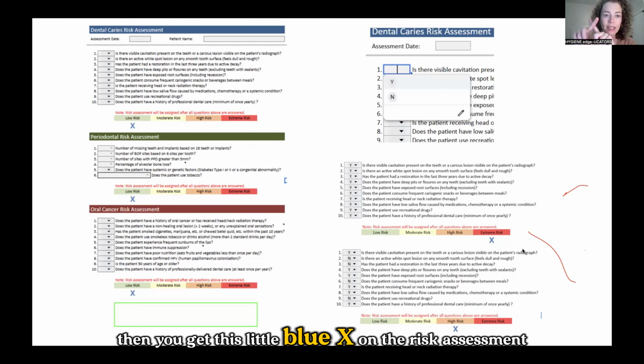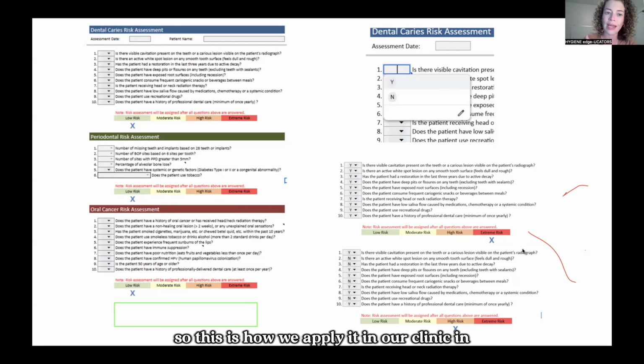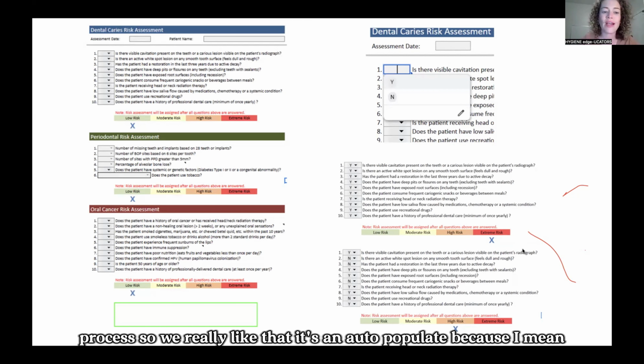Depending on what you answer yes and what you answer no to, you get this little blue X on the risk assessment that will be assigned based on the answers that were provided. So this is how we apply it in our clinic during their care plan and ADPIE process.